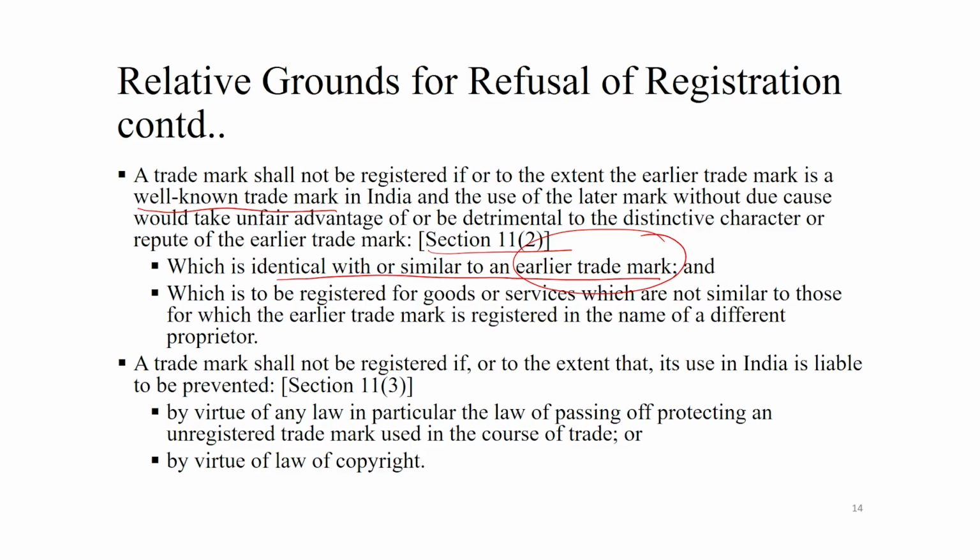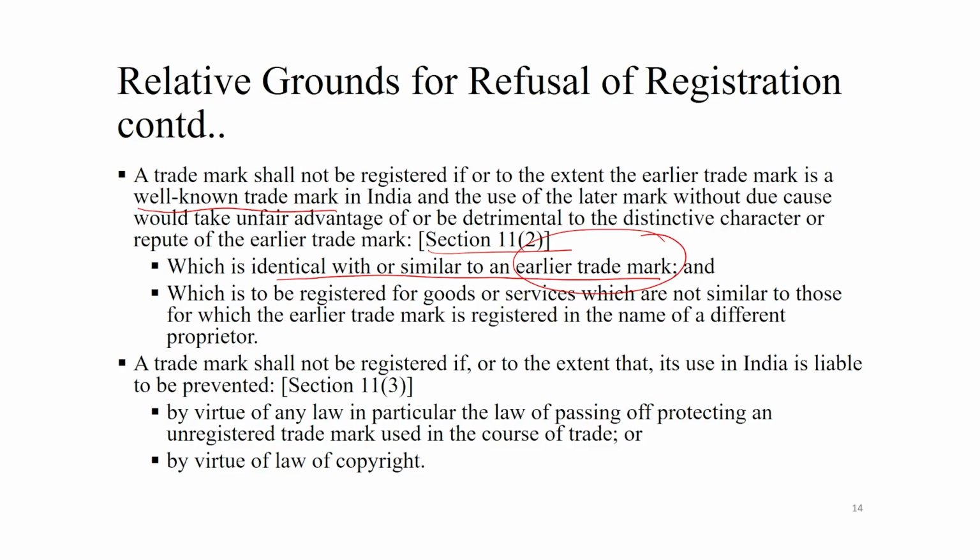If it is similar to an earlier trademark but the earlier trademark is not a well-known trademark, then it is prohibited for similar goods or identical goods. For dissimilar goods, you can have registration. For non-identical goods, you can get it registered.